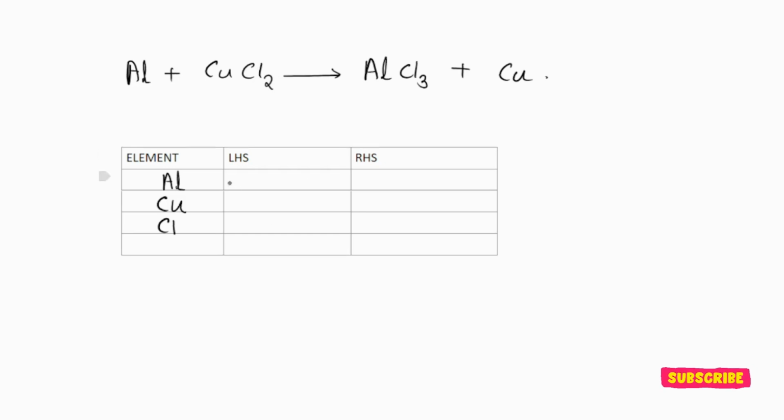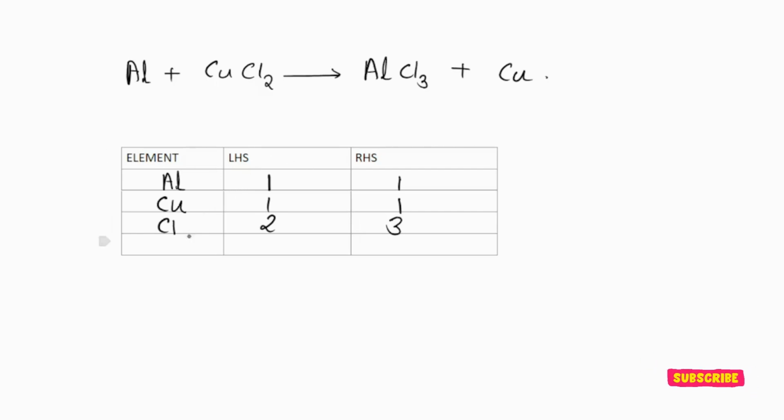So we have written left hand side aluminium is 1 atom, right hand side it is 1 atom. Copper, 1 on the left hand side, right hand side it is 1. Chlorine, left hand side it is 2, right hand side it is 3.